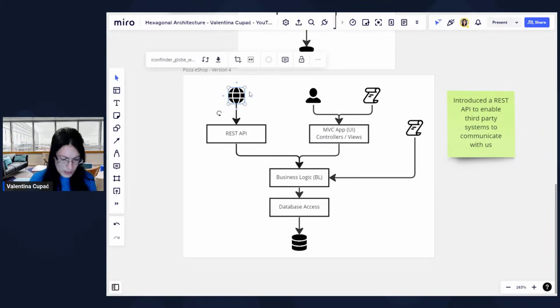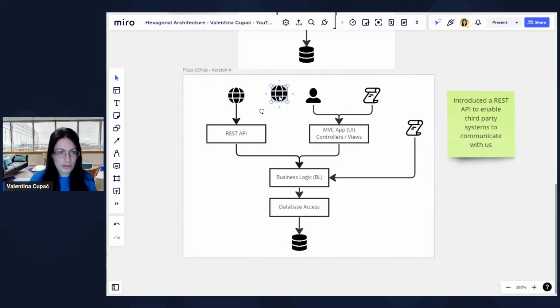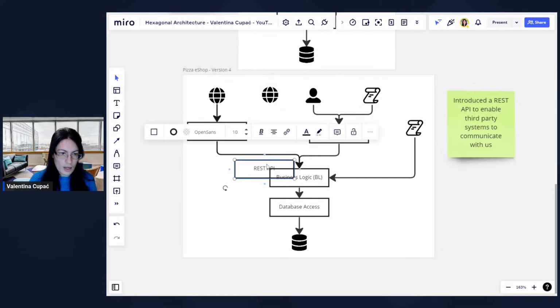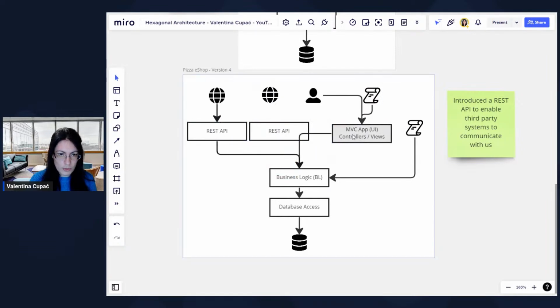Later, there are some other companies as well who want to interface with us, but they don't want to interface via REST. They have some older systems and they actually prefer to use SOAP. So this means that we're going to have some SOAP APIs as well.